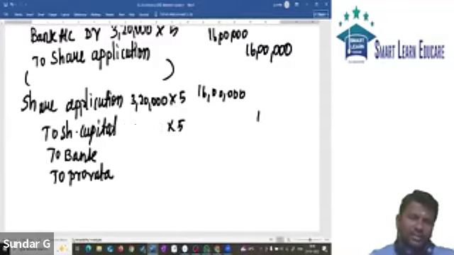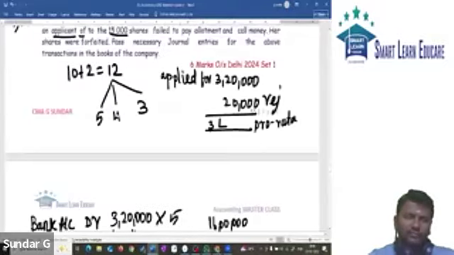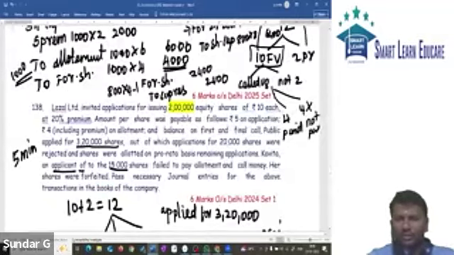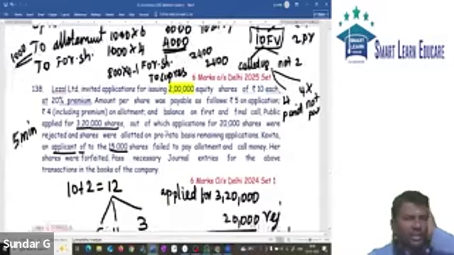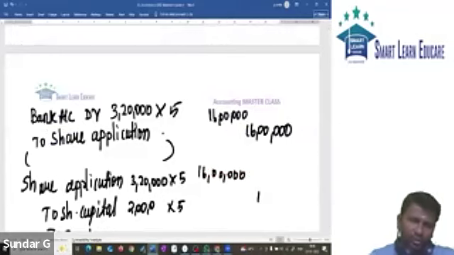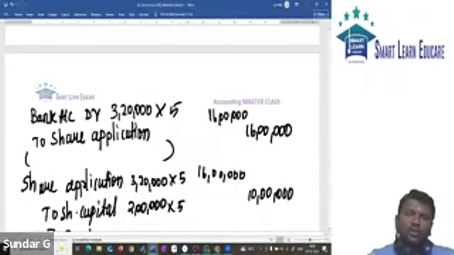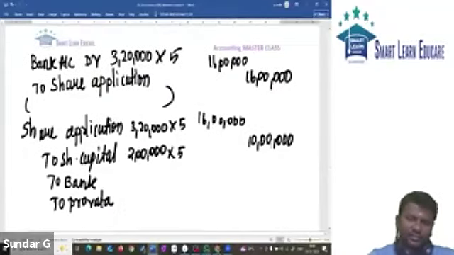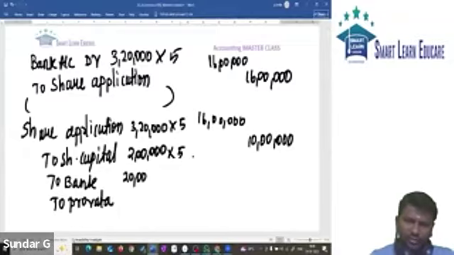In this, how many shares are issued by the company? 2 lakh. It means the company can allot a maximum of only 2 lakh shares. 2 lakhs into 5 gives 10 lakhs. Out of 16 lakh, 10 lakh is adjusted. Rejection is 20,000 at 5, which gives 1 lakh.